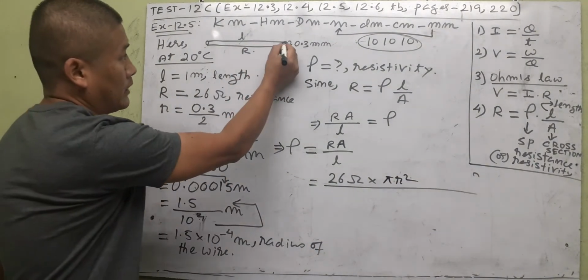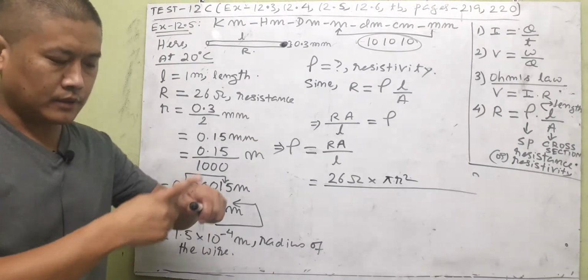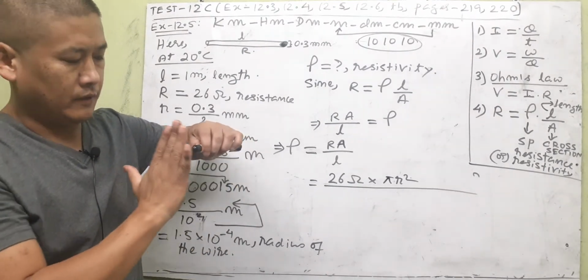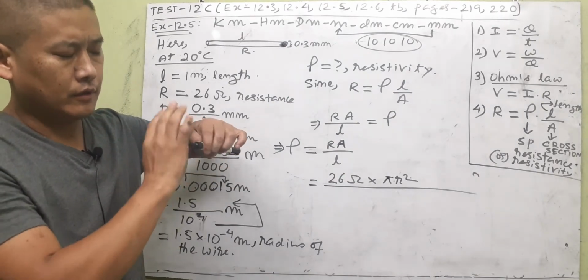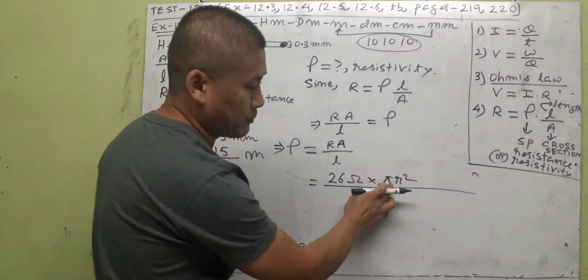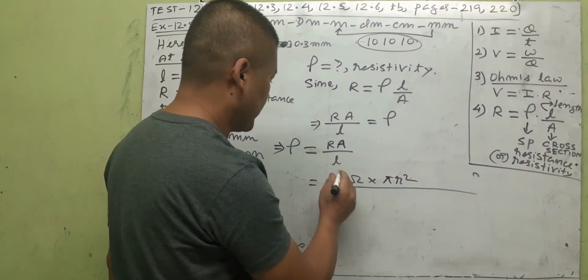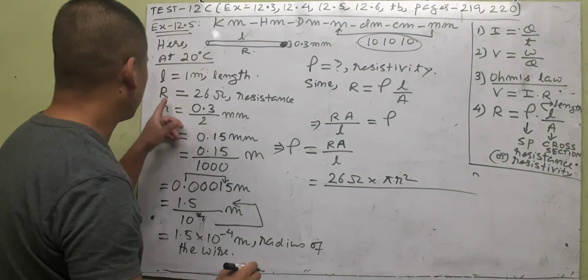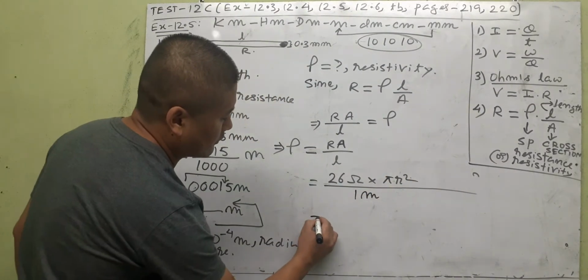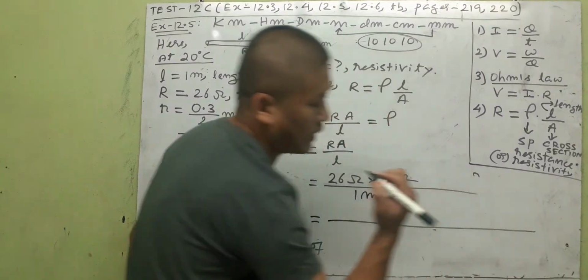Cross section means as you cut the wire here and here, the cross section is always circular for all electric wires. So that's why we're using pi r square. L is 1 meter, so just put it. From here on, it's a matter of doing it patiently, not hard.